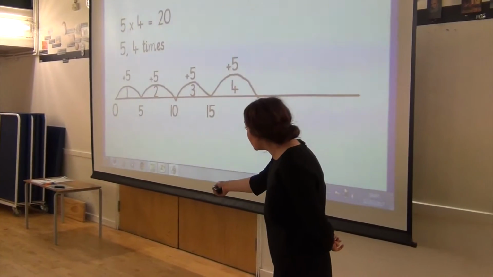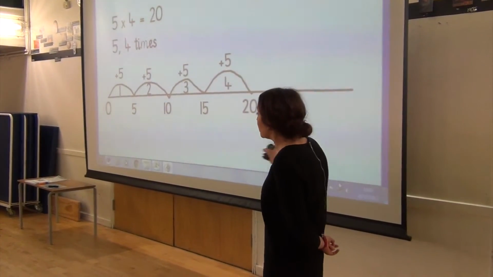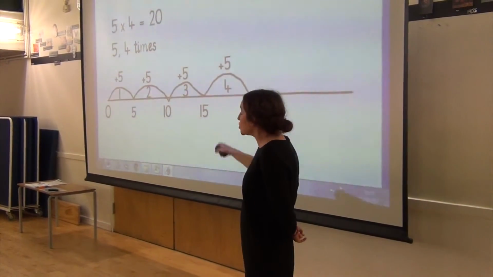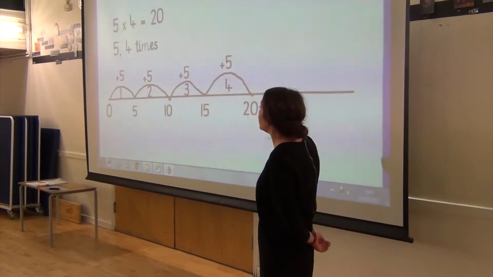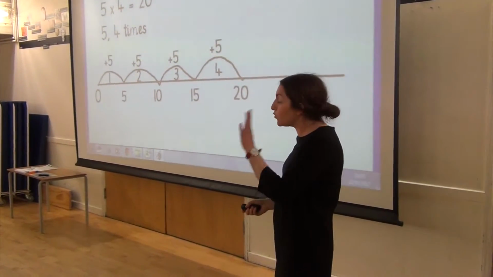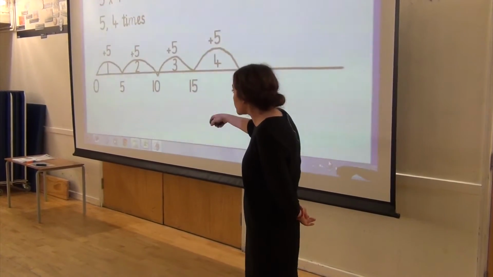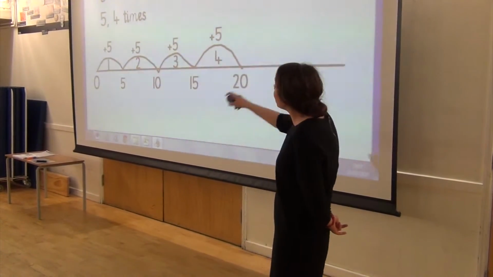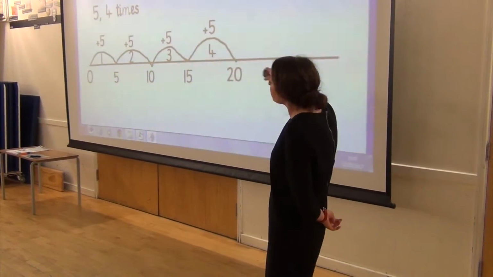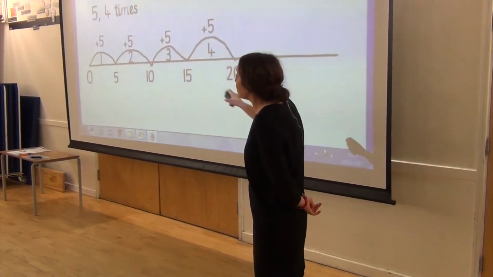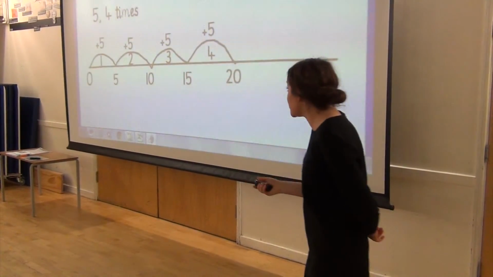So they would have an empty number line, and they would be jumping in steps of 5, and they would do that 4 times. So they go 1 jump, 2 jump, 3 jump, 4 jump, and once they've done those 4 jumps, they will see that 5, 4 times is 20.